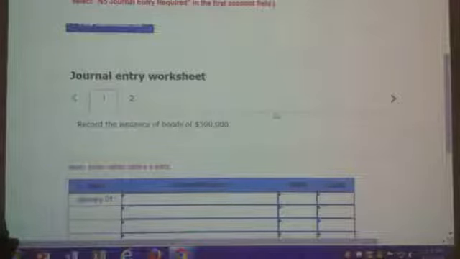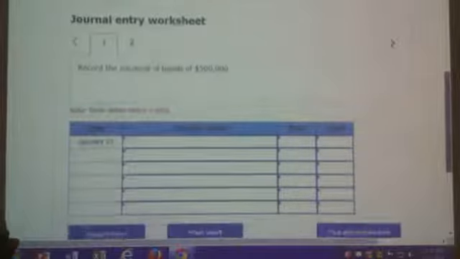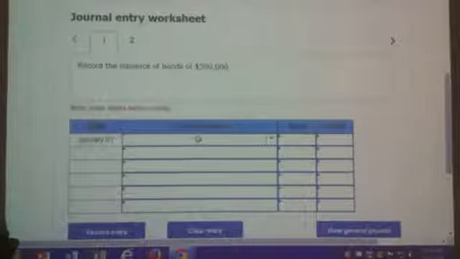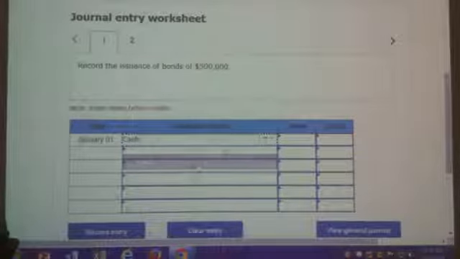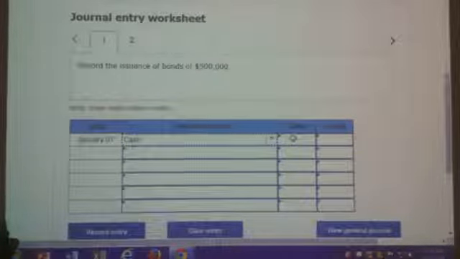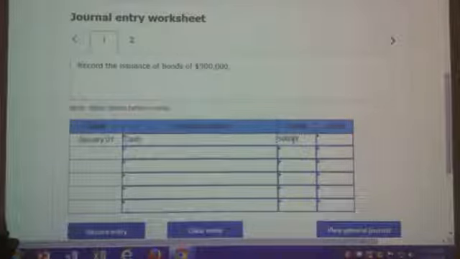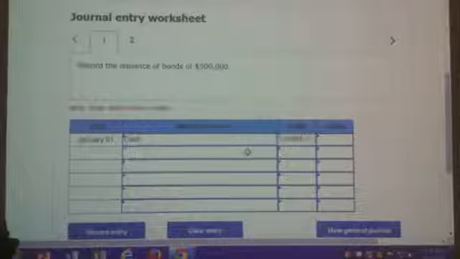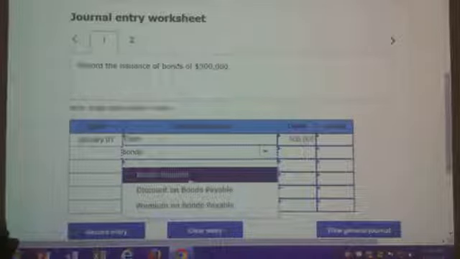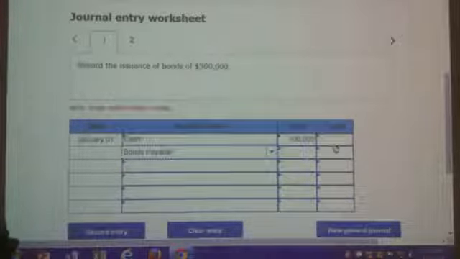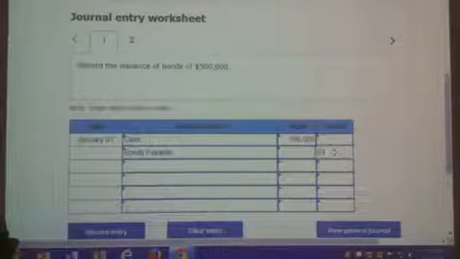To record the issuance of bonds of $500,000, the company received cash of $500,000. So we're going to debit cash of $500,000, and they issued bonds payable of $500,000.